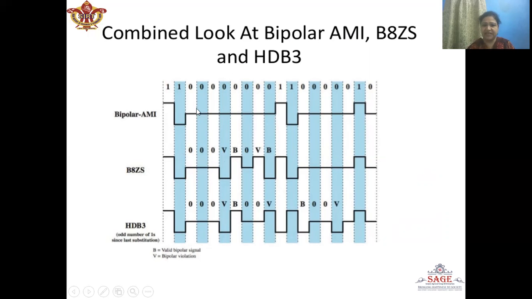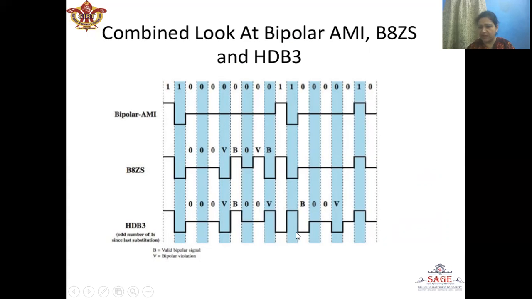Whereas in B8ZS, for 8 consecutive zeros, we have used the pattern 000V, B0VB. And in HDB3, we have used a bit pattern for 4 consecutive zeros. If an odd number of ones are used since the last substitution, we have used the pattern 000V. Then again for the next 4 zeros, we have B00V.